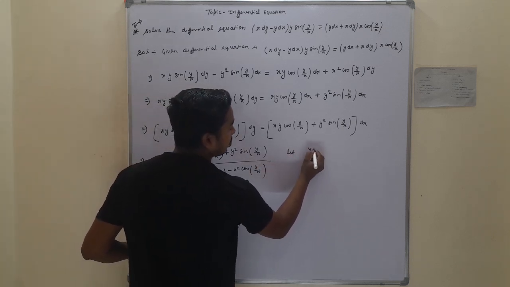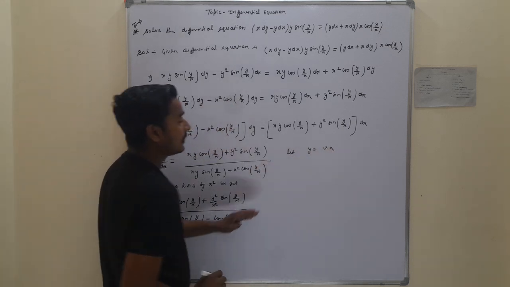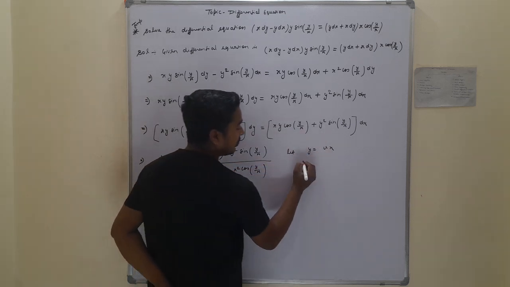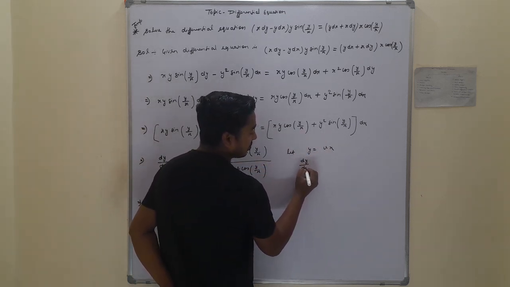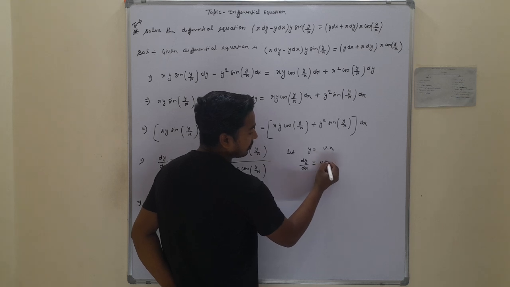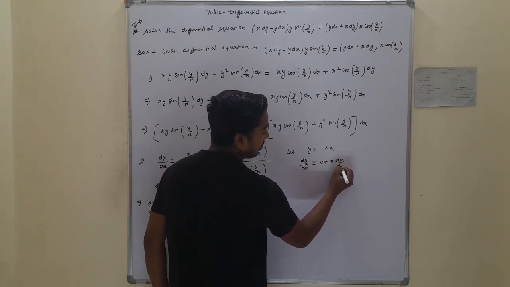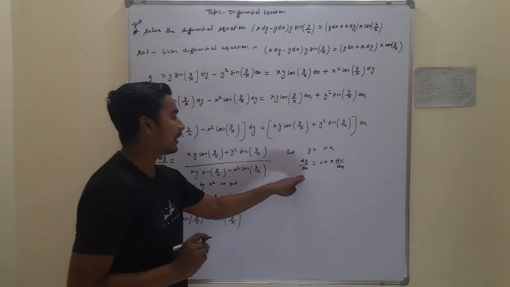Let y = vx, and differentiating y = vx with respect to x gives dy/dx = v + x dv/dx.